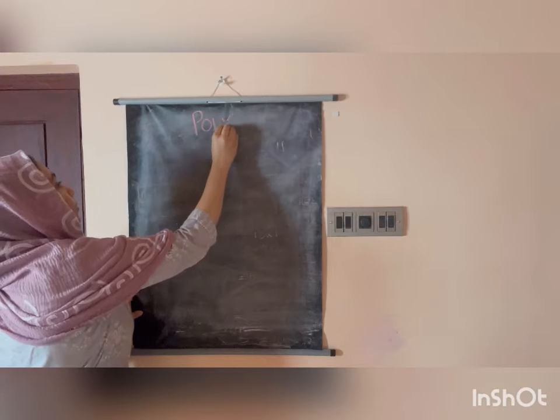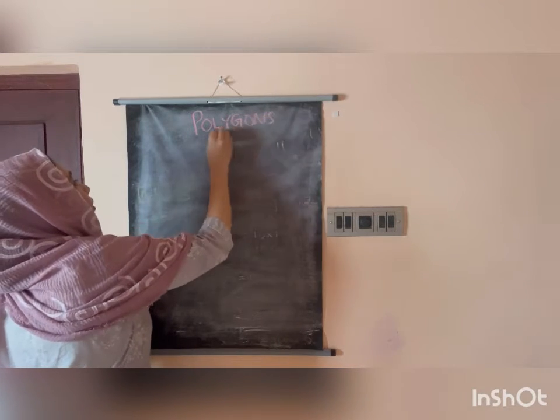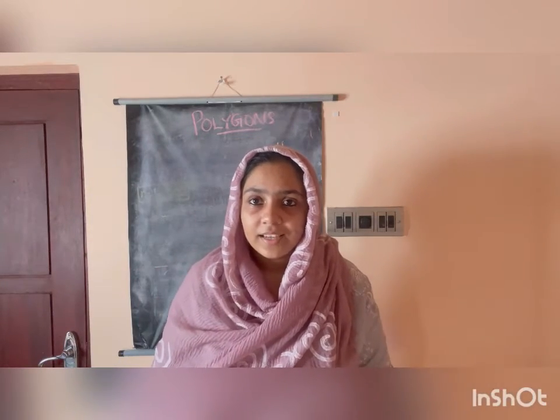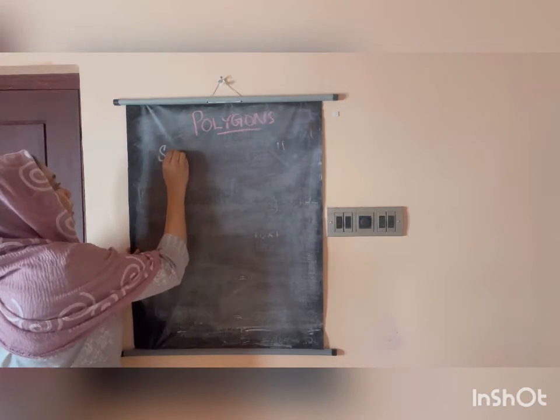Polygons have many properties. We need to discuss all of them. The first property we are going to discuss is the sum of angles. Anybody heard about this sum of angles? Yes, we have learned it in the case of a triangle. What is the sum of angles of a triangle?